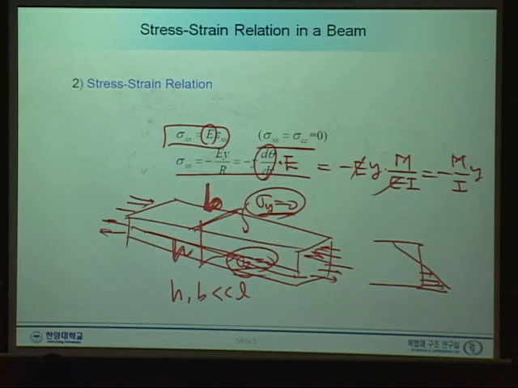At the bottom we have a tension, and at the top we have a compression. And as you can see here, plus y you have compressions, and minus y you have the tension.